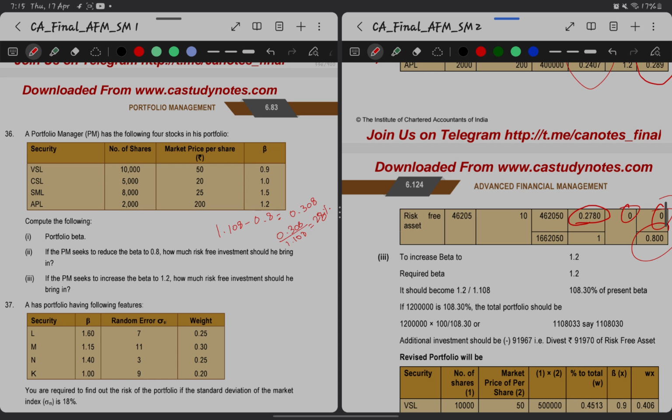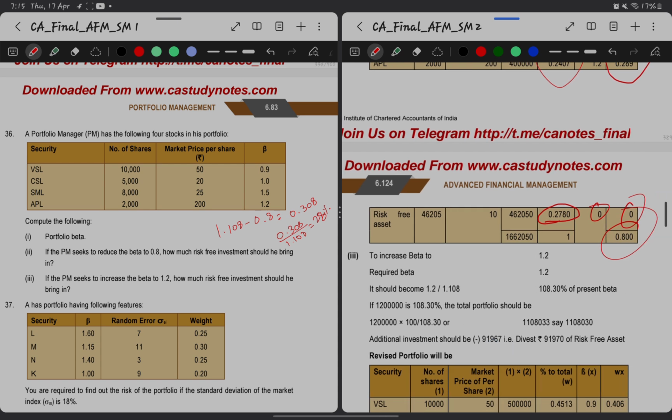What the current investment will become with the existing beta, that we have to calculate. So to increase beta to 1.2, 1.2 divided by 1.108 will give us the percentage of how much the current proportion will become. Calculating this, we get a value of 108.30.